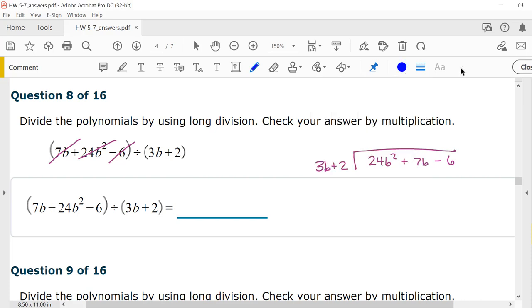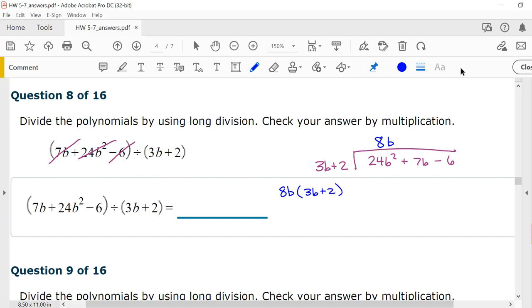Okay. 3b times what gives me 24b squared? 3 times 8 is 24. b times b is b squared. So I need to multiply 8b times 3b plus 2.